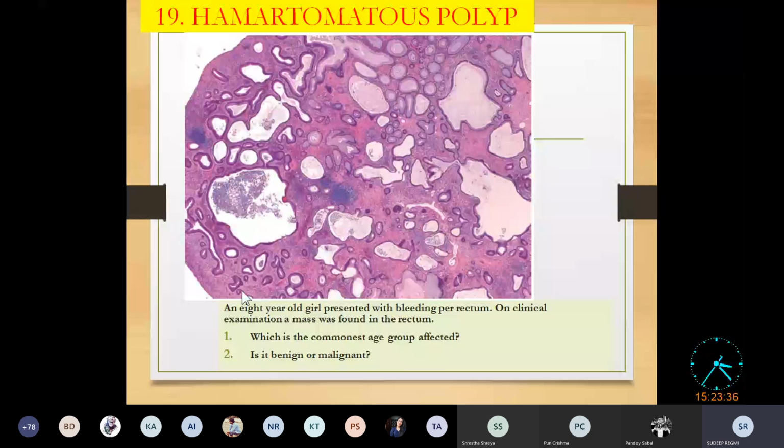So with this background history, describe this. What is this picture showing?